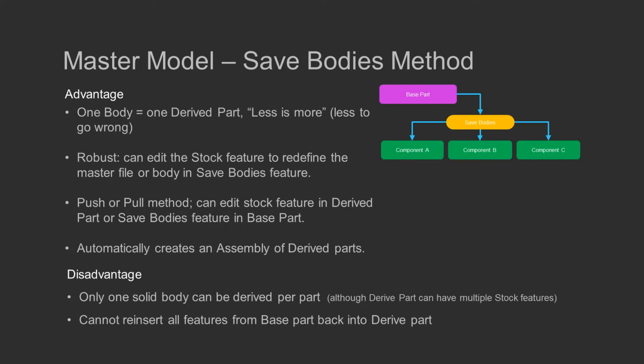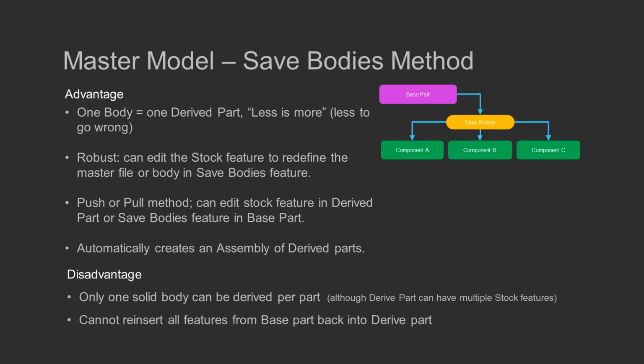The save bodies method, which is our third method, is a method where you actually employ a derive feature in the actual master model called save bodies. And with that feature, you derive one body to one derived part, and that's all you're really doing.